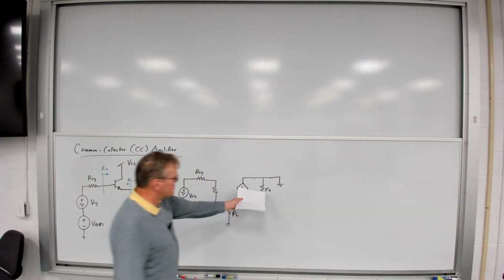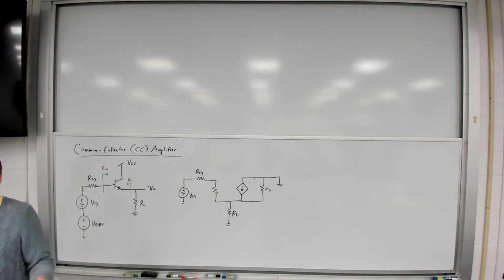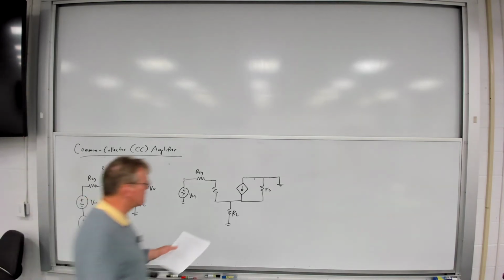Now I'm just leaving the little R sub O there. There's no reason why I can't do that since it doesn't really make the math any more complex. So I'm going to leave it in here.